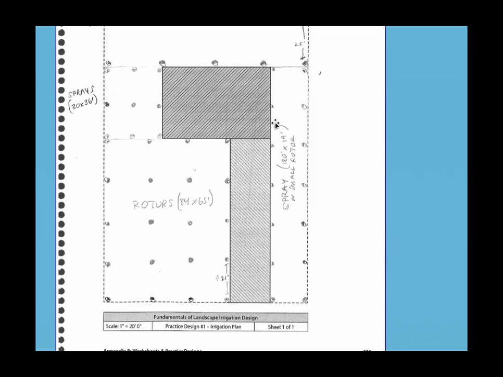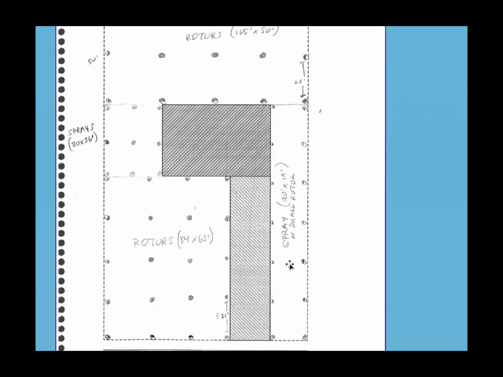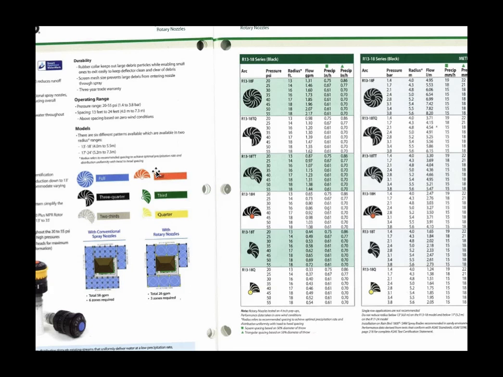So it could work for these particular sprinklers, and it could also work for these particular sprinklers. And again, I just looked at the different radius of throw that was listed, and I chose these particular sprinklers because I could get the area covered.